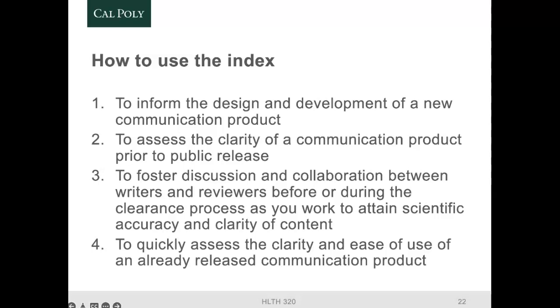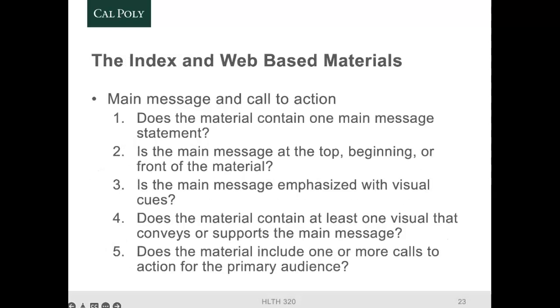And lastly, it's used to quickly assess the clarity and ease of use of an already released communication product. So how can we use this index to develop really clear and effective web-based materials?